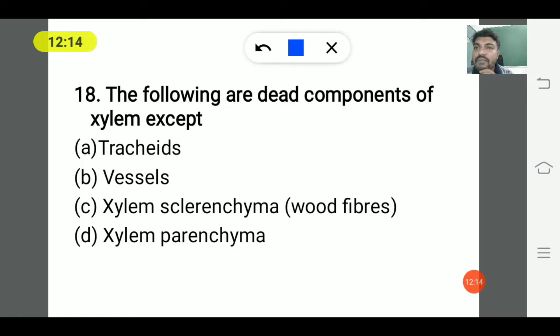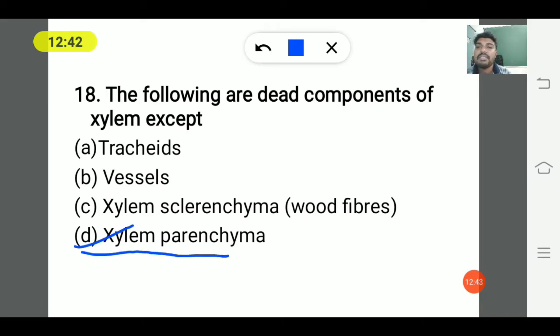18th question. The following are dead components of xylem except. Option A tracheids, option B vessels, option C xylem sclerenchyma or wood fibers, and option D xylem parenchyma. So the following are dead components of xylem except xylem parenchyma.